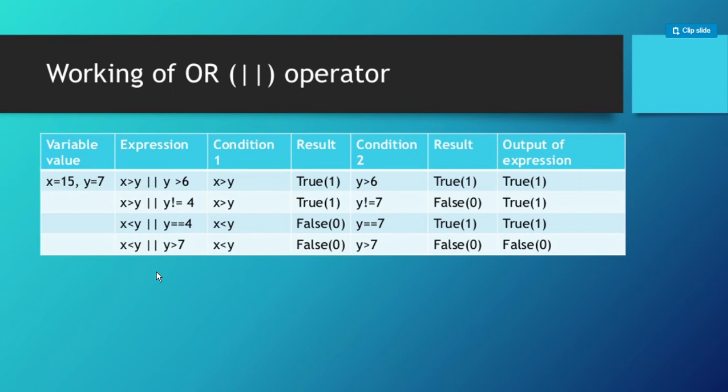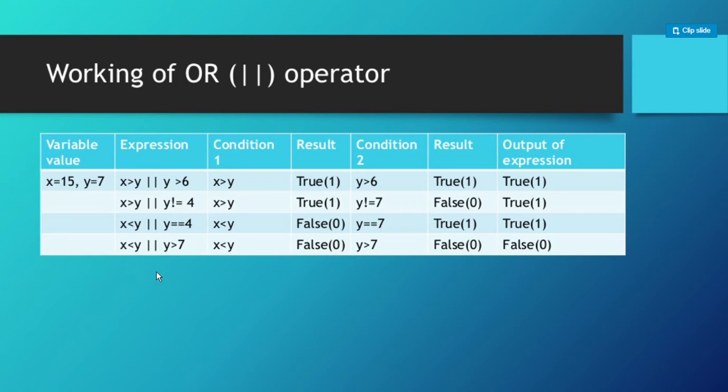Now let us discuss each logical operator one by one. First we will discuss the logical OR operator. With an example, you can see that we have taken the values of x and y as 15 and 7. The expression is x greater than y, logical OR operator, then y greater than 6.